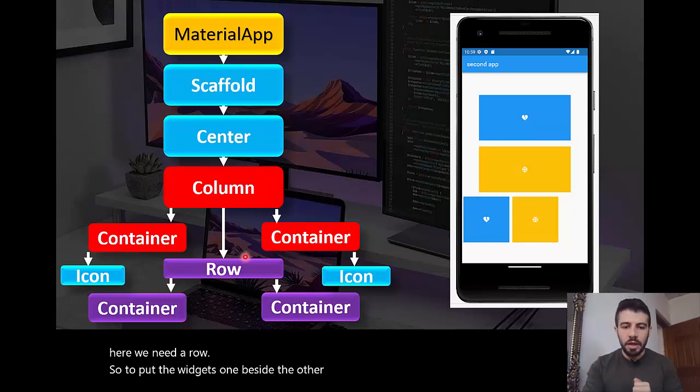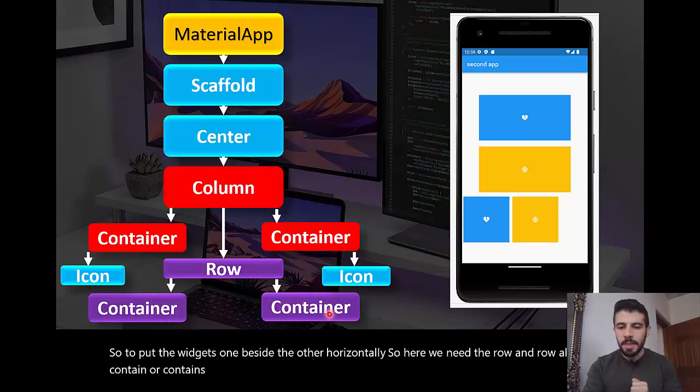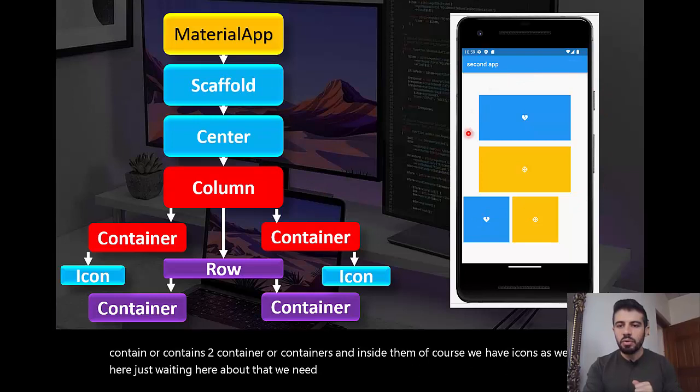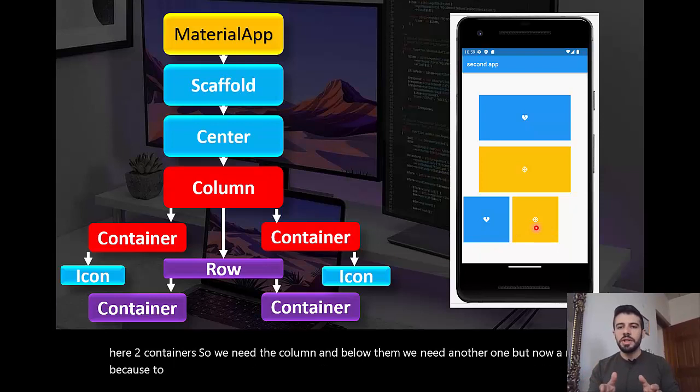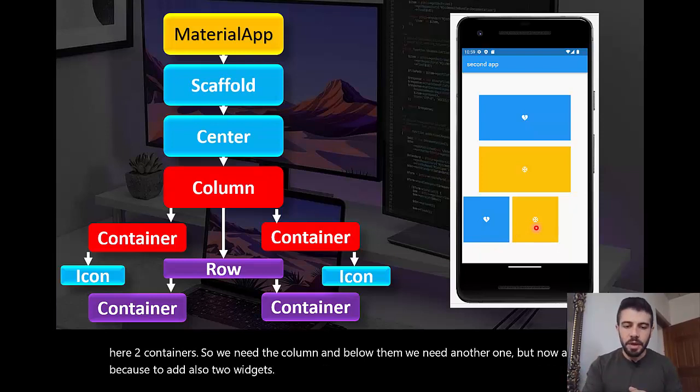And the row also contains two containers, and inside them of course we have icons as well. Just pay attention to that. We need the column because we need to add two containers, and below them we need another one, but now a row, to add also two widgets one beside the other.